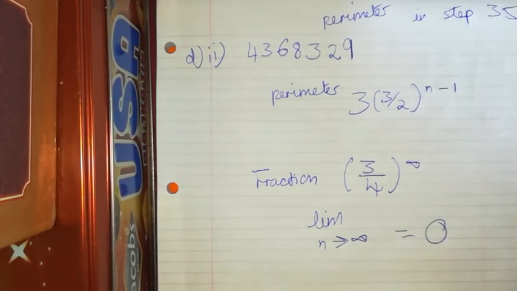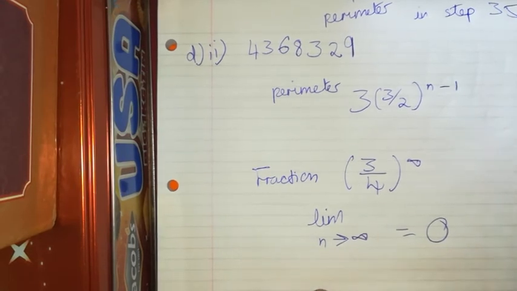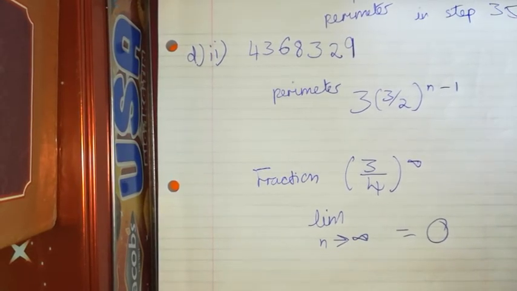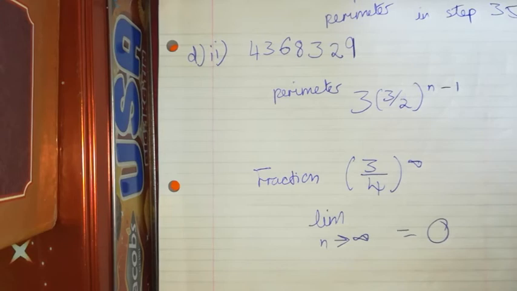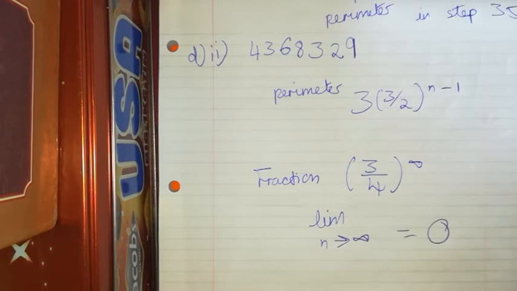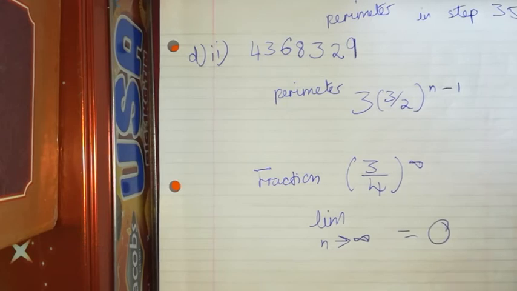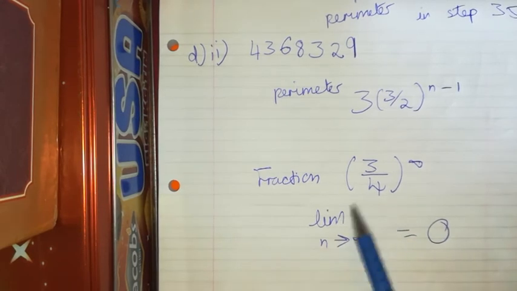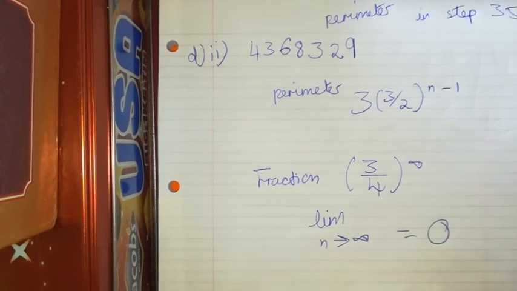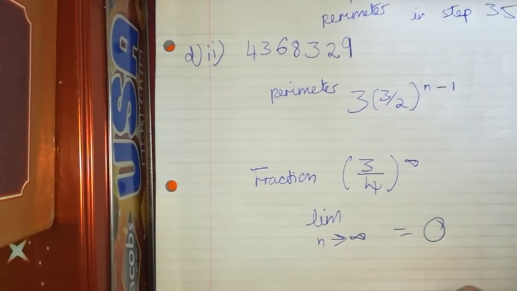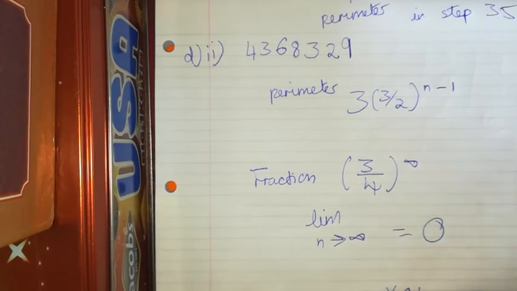So for the area, it is going to be equal to the area at the start, what we started with, multiplied by the fraction of what's left, the fraction of black triangles.